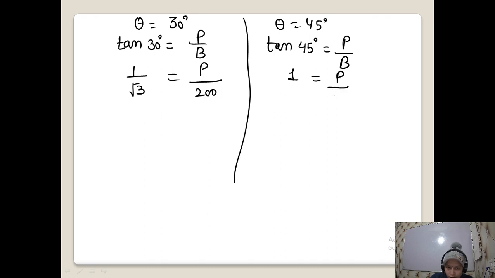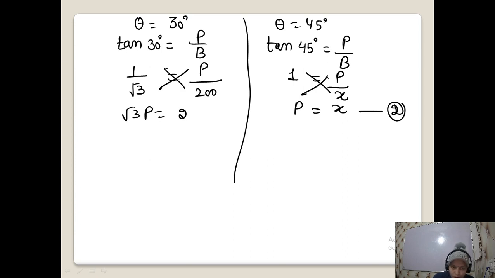P over B is x. By cross multiply you can see that P is equal to x. That's your second equation. And by cross multiply this we will find root 3 P is equal to 200 and P is equal to 200 over root 3. This is your first equation.